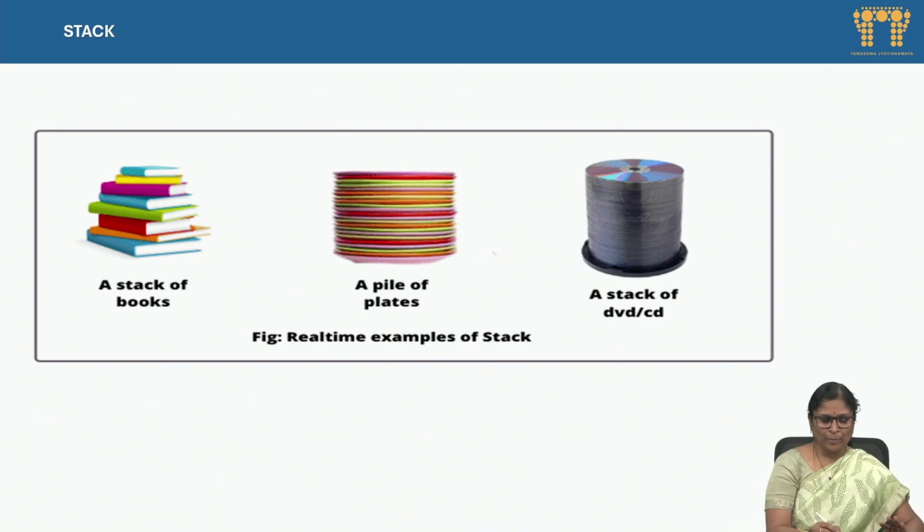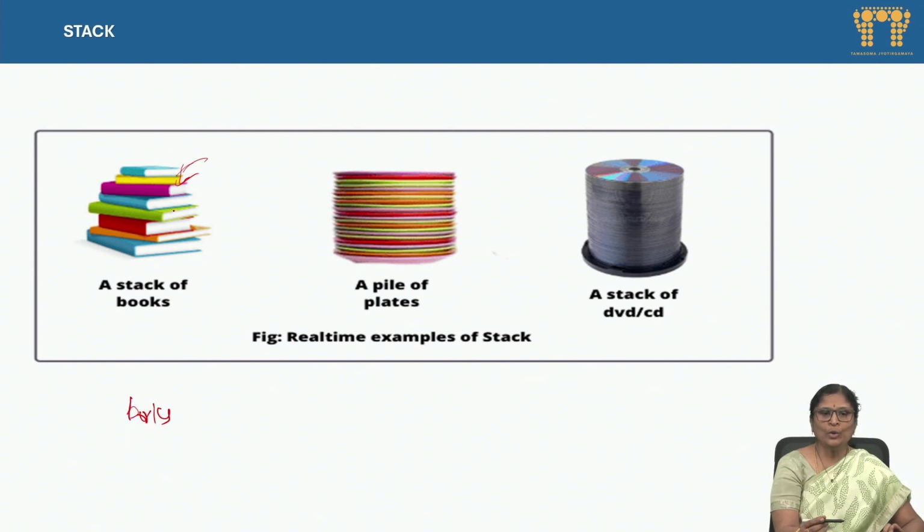The first example is a stack of books, where you have only one end, isn't it? So here the insertions are placed only from this particular end, right? All the books have been placed from this end.